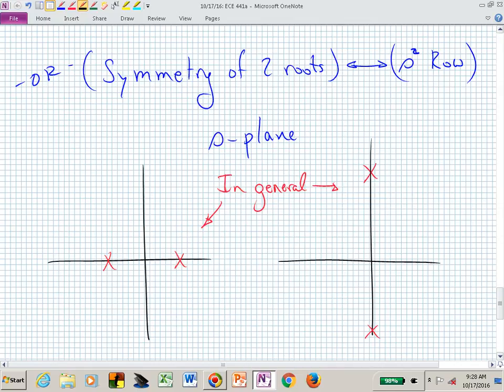I prefer to stay away from even roots on the imaginary axis as far as a practical system. But if you were designing an oscillator, maybe this would be good. Then you would have this oscillator that you get started and it just sits there and shakes. That is 6 radians per second.